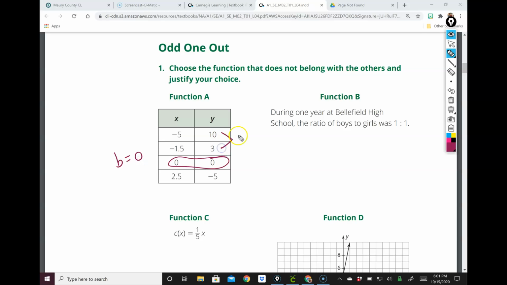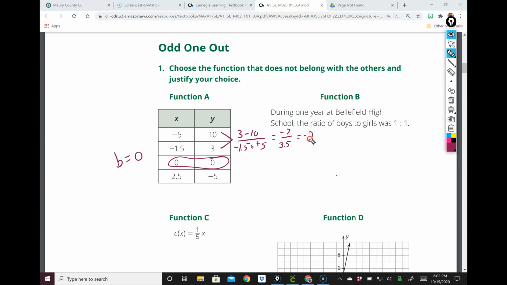My slope, if I do 3 minus 10 and -1.5 minus 5, that's going to give me -7 over 3.5, and then 3.5 will go into 7 2 times.